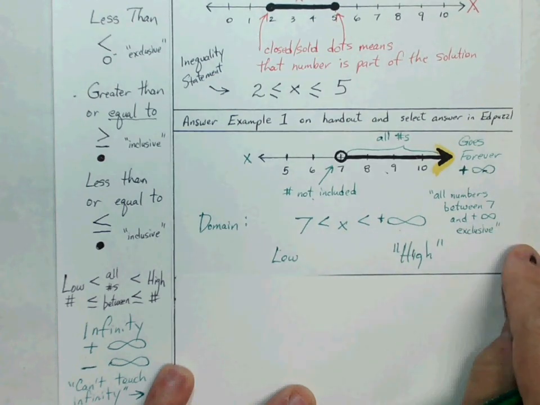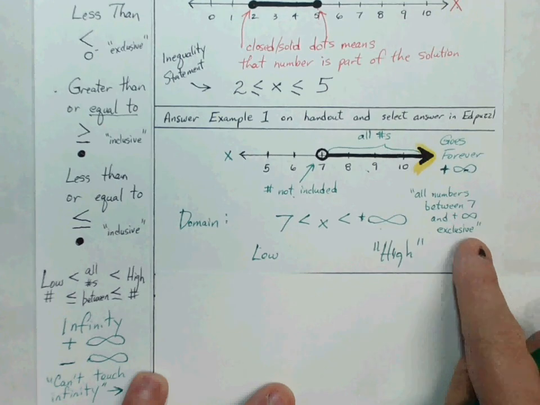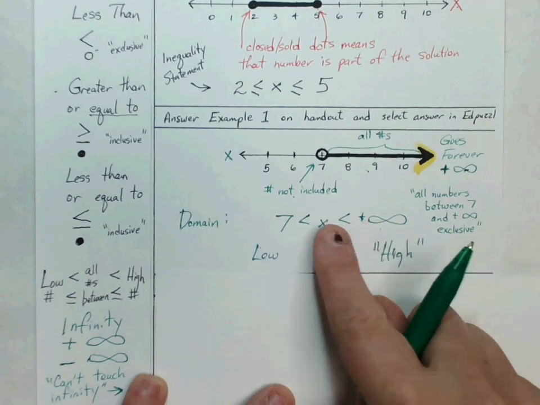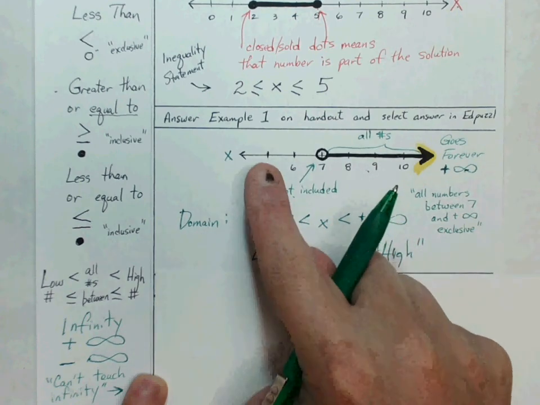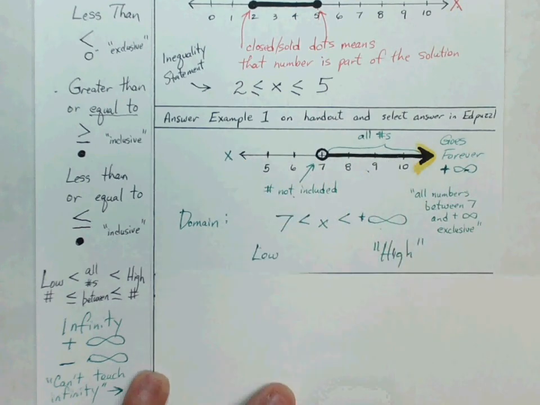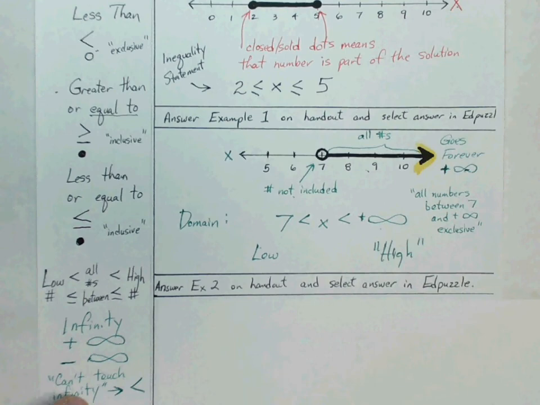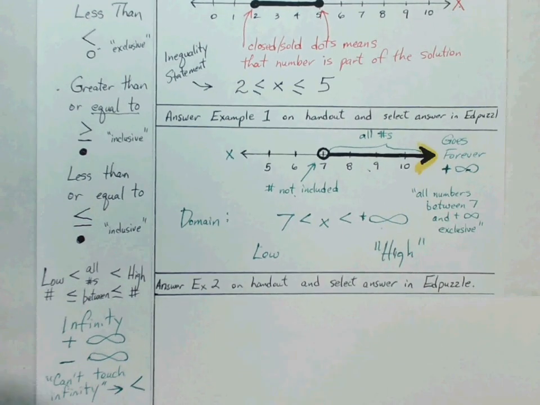Okay. And so that is our verbal statement. This is called our inequality statement, and because it is on the x-axis, it is the domain. All right, try the next one on Edpuzzle and see how you're doing.